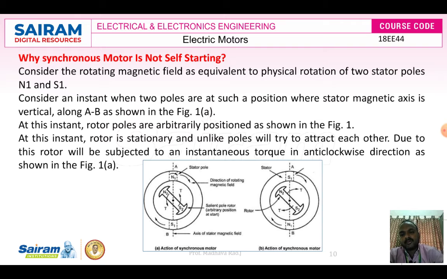So the rotor will be subjected to an instantaneous torque in the anti-clockwise direction, so it is rotating anti-clockwise. In figure A you can see the stator poles S1 and N1. In figure B you can see both have changed. The stator poles are rotating in the clockwise direction and the rotor poles are rotating in the anti-clockwise direction.